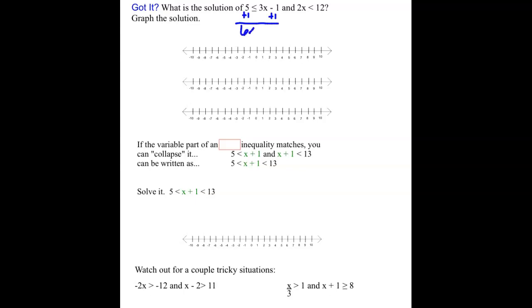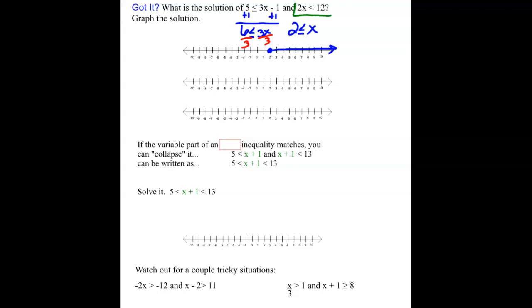So I have 6 is less than or equal to 3x, and then I have to divide out my 3. So I'm going to end up with 2 is less than or equal to x. Again, reading from the x, x is greater than or equal to 2. So solid dot and shading to the right.